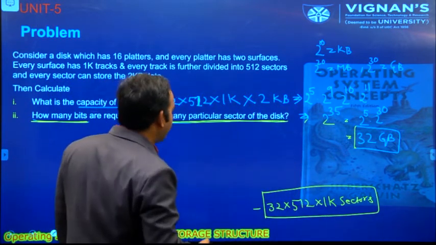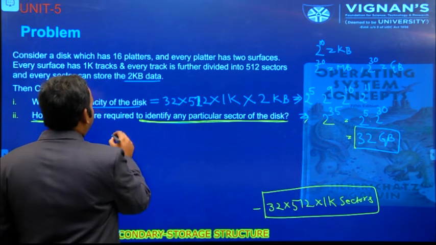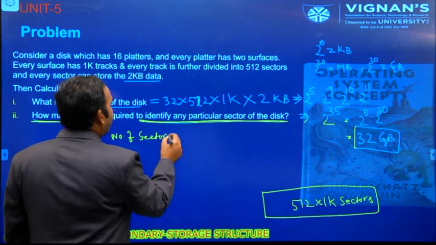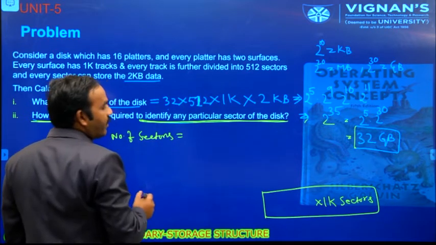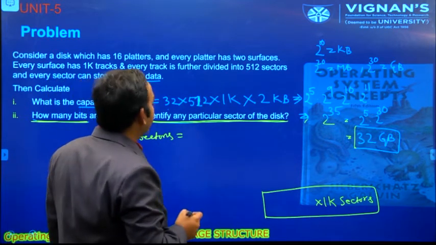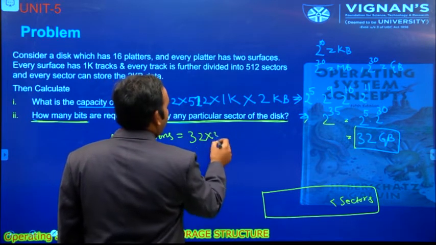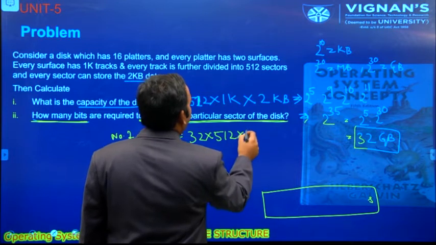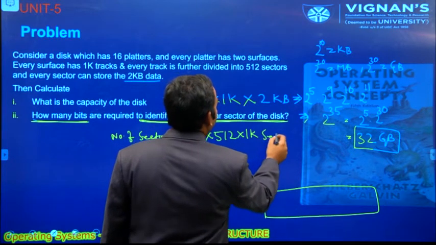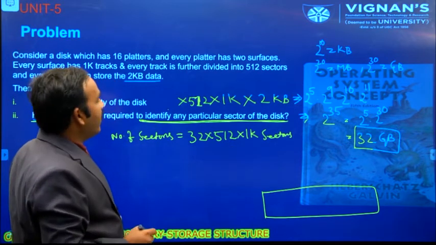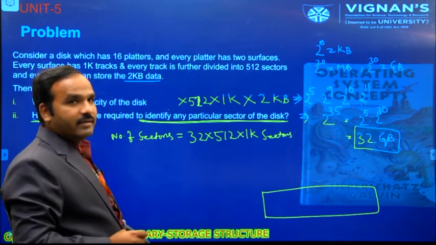According to the data, the number of sectors equals 32 into 512 into 1k sectors.